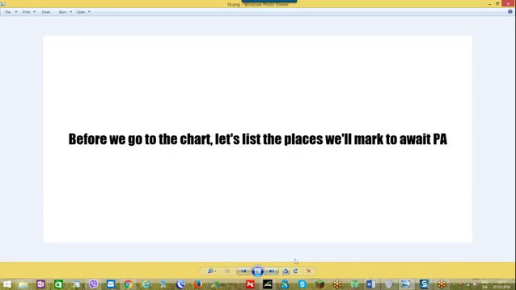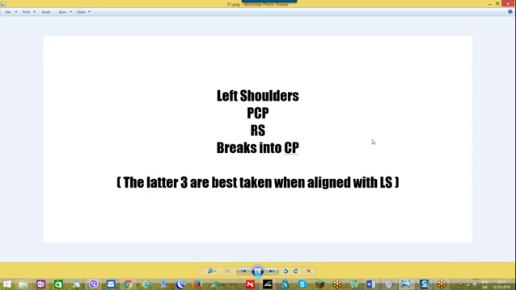Okay, onwards. Before we go to the chart, let's list the places we'll mark to await PA. We've got left shoulders, of course, we will mark and wait. At left shoulders, we'll put our kinks there. Pre-compression: before we get to compression, the MPL of the first high or low before we break into a compression, that's a great place to look for it.